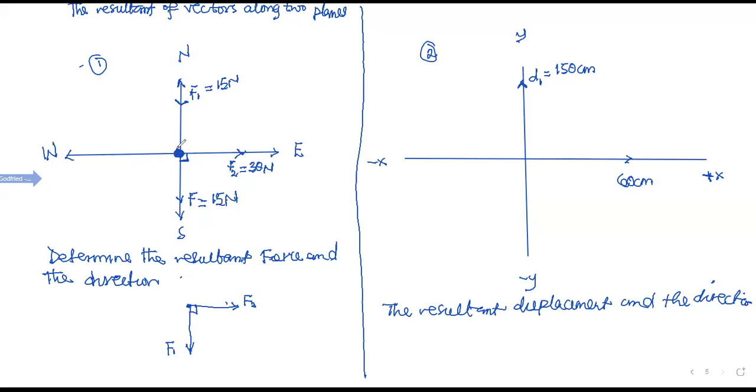So what we have here is a body on which the two forces act simultaneously. To determine the resultant, look at their direction. This is going east, this is going south. They don't have a common direction. You can't tell where both of them are going.